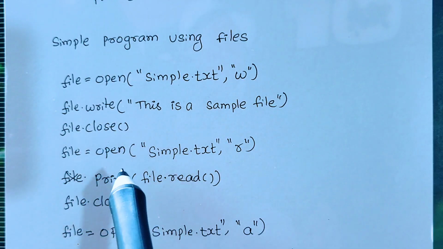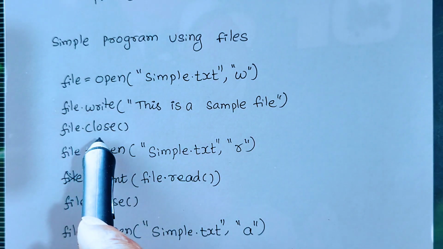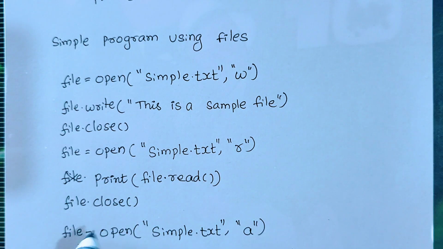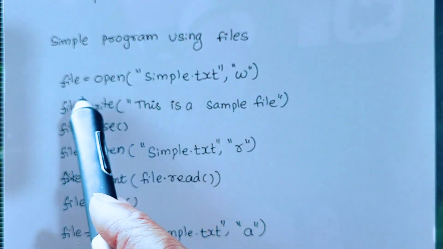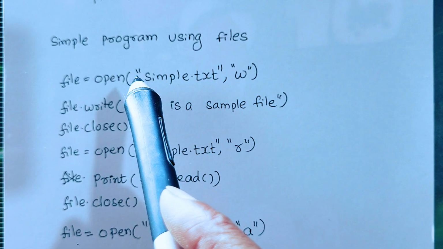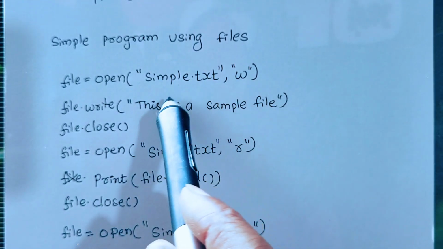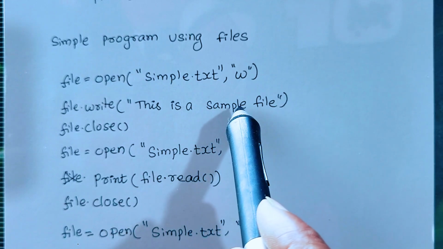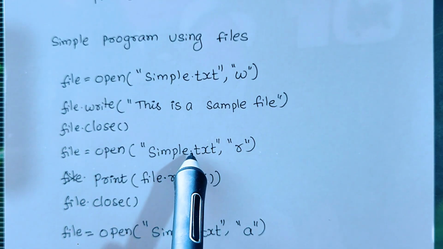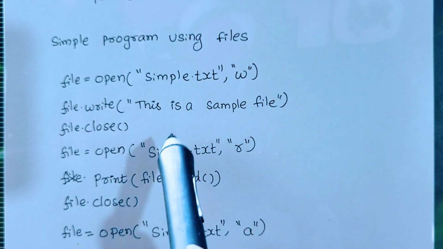Then we have file.write, this is a sample file. file.close, then file = open('simple.txt', 'r'). So I open this file in write mode, I write this text, and I close the file. Then I open simple.txt in read mode. I created a file named simple.txt and I want to read this file.